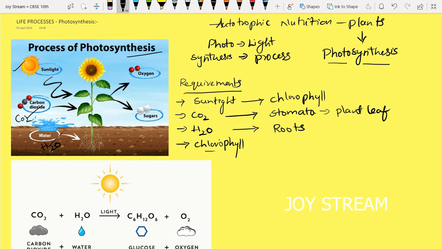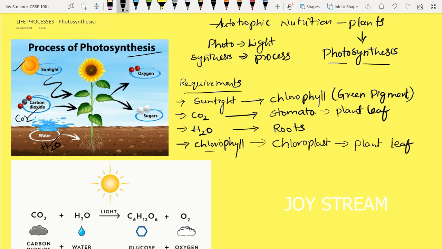Now sunlight is absorbed by chlorophyll, which is a green pigment. Right. Chlorophyll is present in chloroplast. This chloroplast is present in the plant leaf.